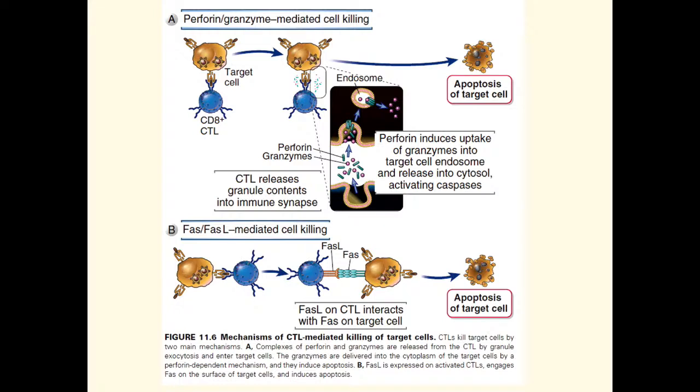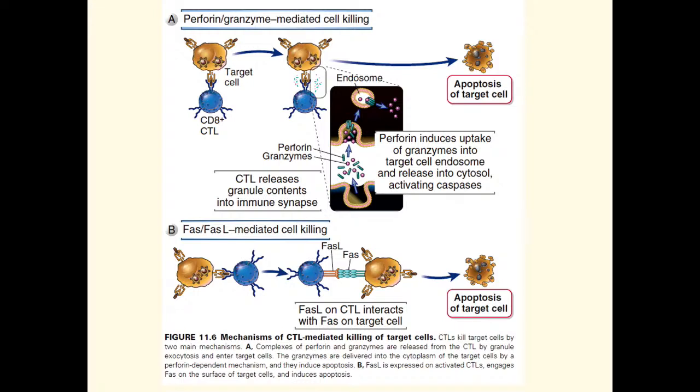This is not only for target cell elimination. When we have a normal immune response, after that response there are T cells in our body, and those T cells must be eliminated after antigen elimination, because we don't need too many of those T cells in our organism.